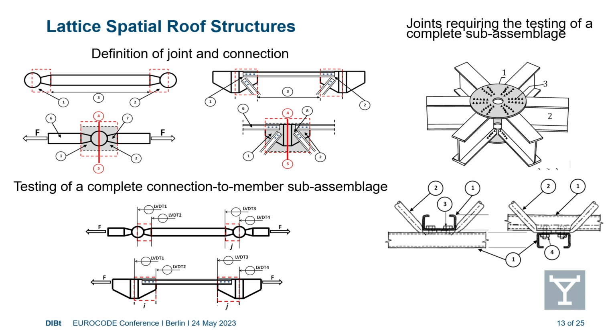The lattice space roof structures are widely used structural categories in the field of aluminium, because this is the case in which the lightness of aluminium is largely appreciated. And also in this case, codification was somewhat lacking, because there were no specific rules.